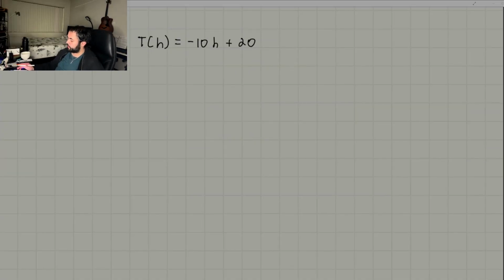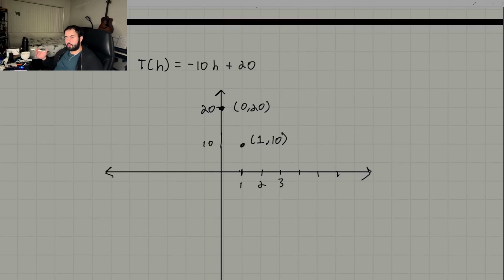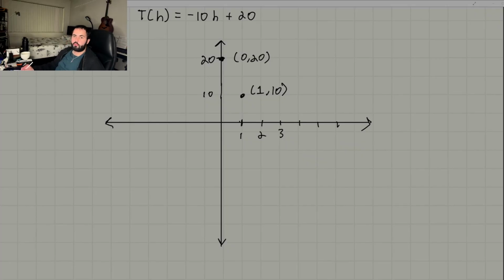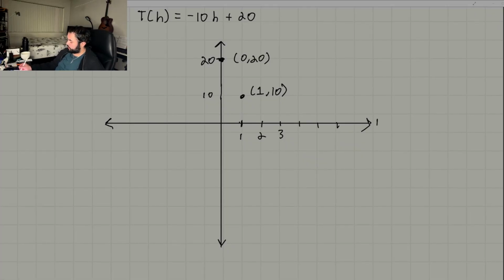We want to plot this graph, and we already have 2 of our plot points. Going back to this idea that the slope is a description of how fast our function changes with respect to x, we can find any other point that lies on this line. So here, what is our function value going to be at h is equal to 2?